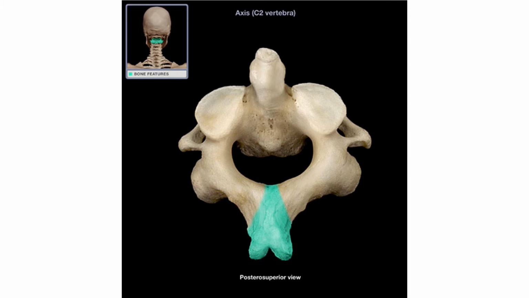Let's have a summary of the basic structures making the axis, the second cervical vertebra. First of all, we have the body, which is anterior. Coming out of the body is the axis or the odontoid process, which has a special relation with the atlas. Then we have on the body articular facets.